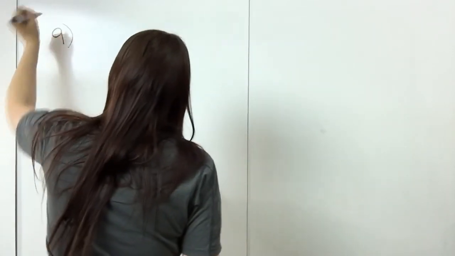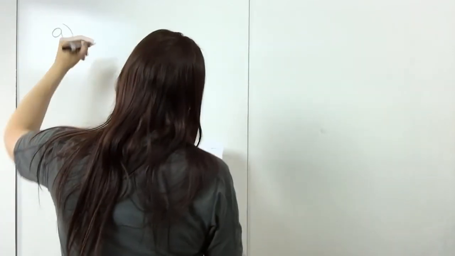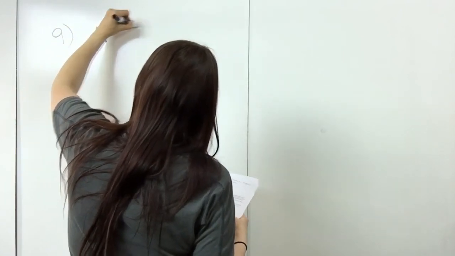For number 9, it says determine the composite rates of reaction for all of the species in the following reaction sequence. So for number 9, it gives you the following reaction sequence.